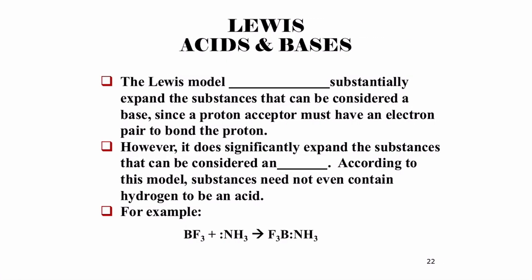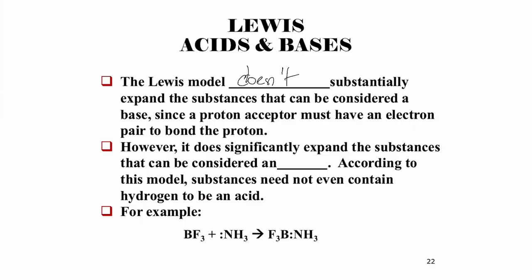And the Lewis model doesn't generally expand what we can consider a base, since the lone pair on the molecule has to bond to something, right? So things that acted as a base before generally had lone pairs because they needed them to accept a proton.